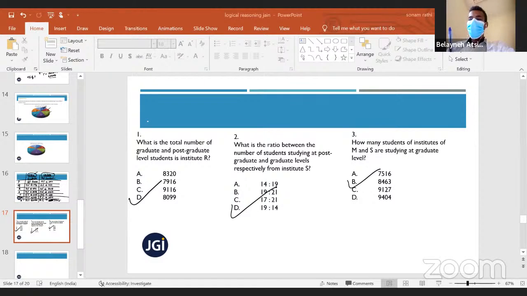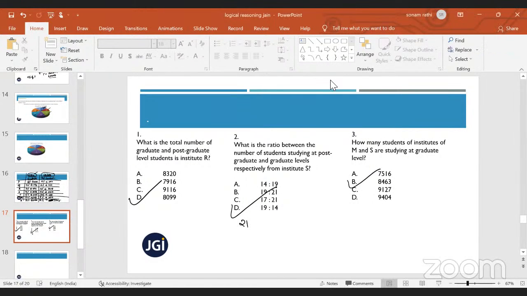So 21% of 24,700 upon 14% of 27,300. Zeros cancel, percent cancels.